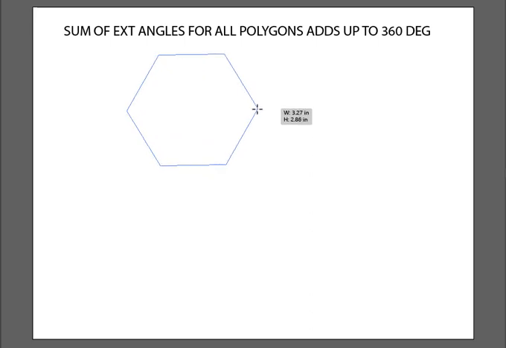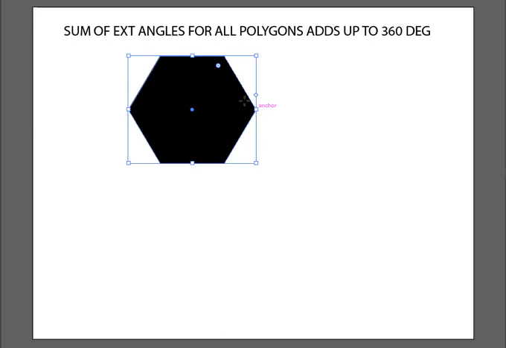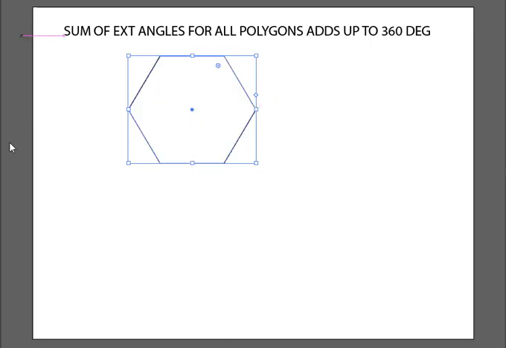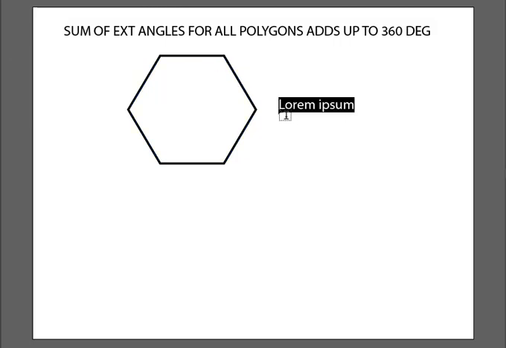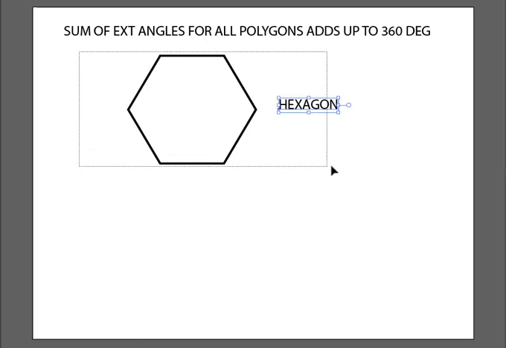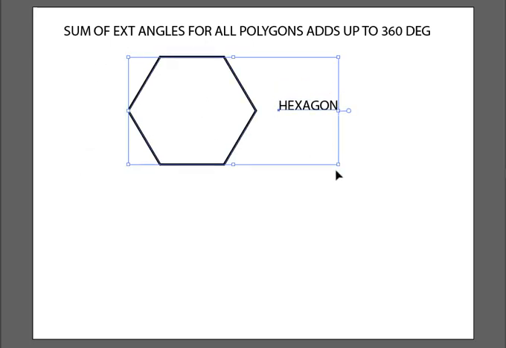We're going to look at a regular polygon, right? It's six-sided, so what do we call it? We call it a hexagon. That is a hexagon. It's unfortunate I couldn't start with a simpler one, but it's still the principle.